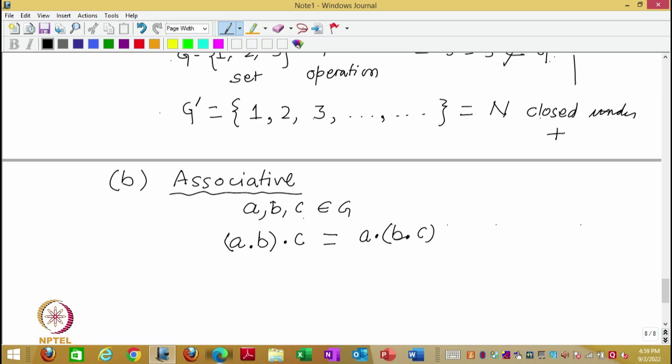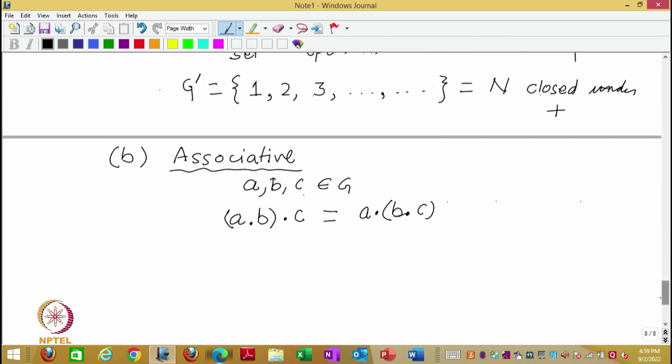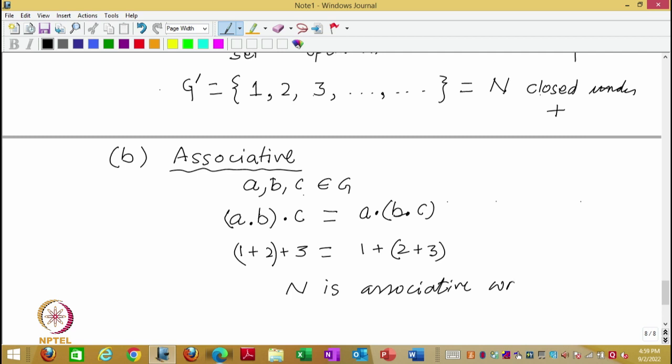Our plus naturally satisfies this, so we do not worry about it, because in 1 plus 2 plus 3, the result does not depend upon which way we do the addition. So, natural numbers are associative with respect to plus.